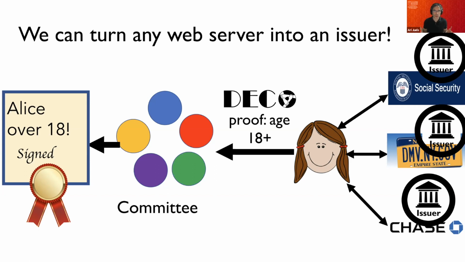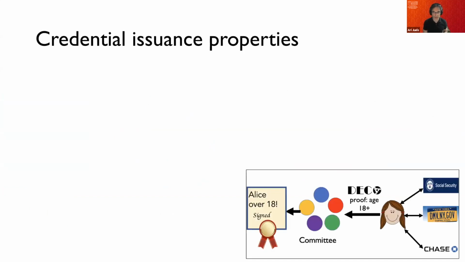So in principle, we could launch this system today without requiring cooperation from the Social Security Administration or the Registry of Motor Vehicles or any of the other sites that the system uses. In fact, they can be completely oblivious to the fact that users are leveraging data from these sites in order to construct decentralized identity credentials.